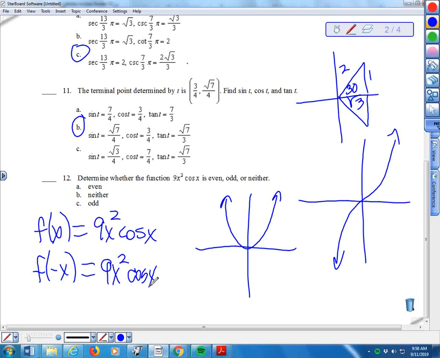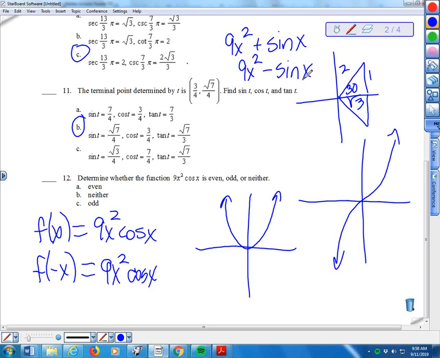If it had been something like this, and then I plugged in negative x, I would get exactly the same thing here, but when I do sine of negative x, it becomes negative sine x.